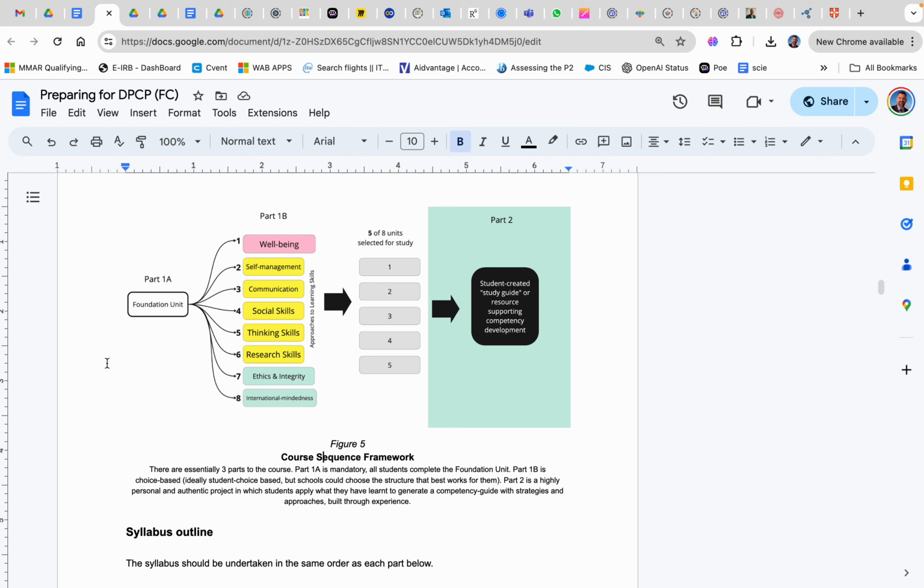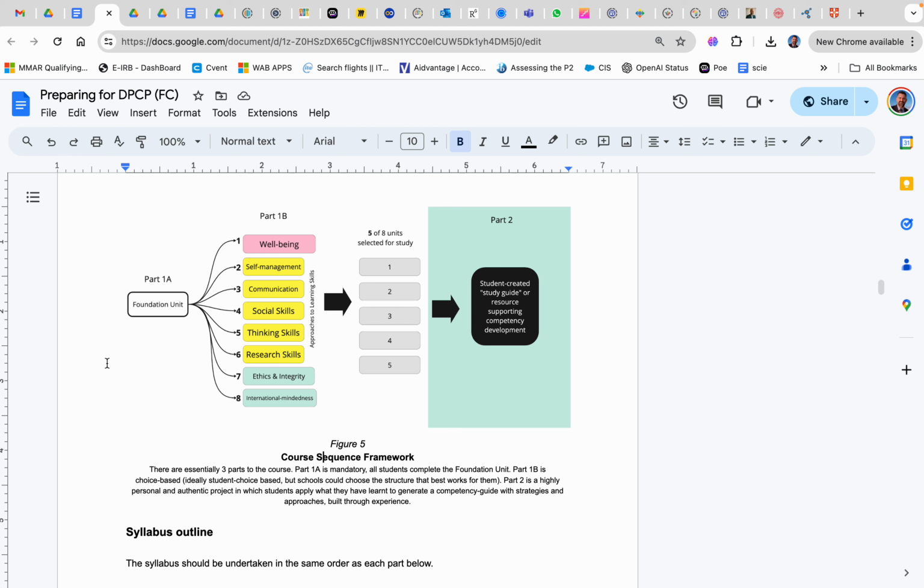And then for part 1B, and this is just a proposal, given maybe the number of hours, students either select themselves or, through collaboration with mentors or the school, identify one of these areas and select a subset of those units to focus on.